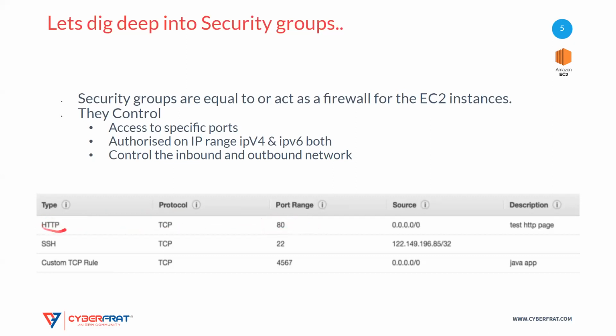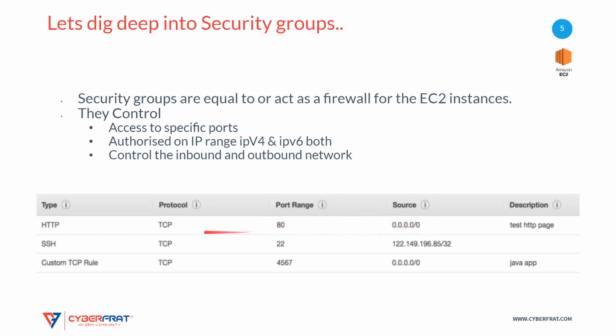If there is an HTTP request, it hits port 80, and we have allowed the source from everywhere. So from anywhere, if you hit the resource where this security group is attached, it will straight away allow port 80.